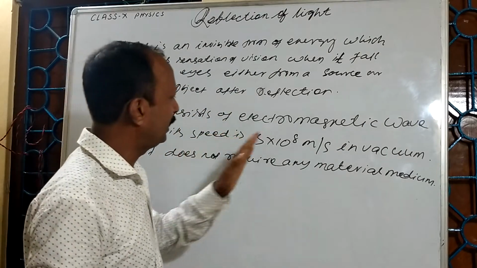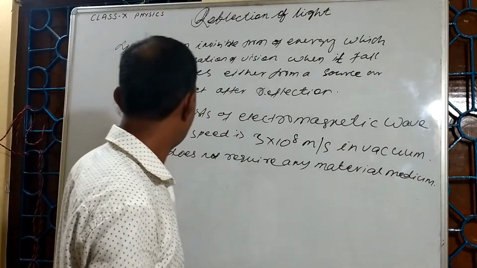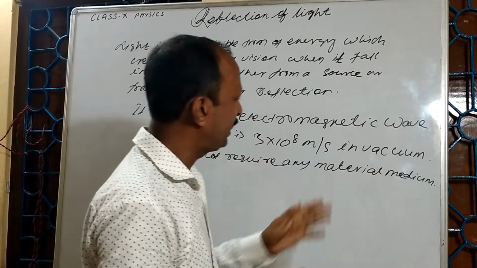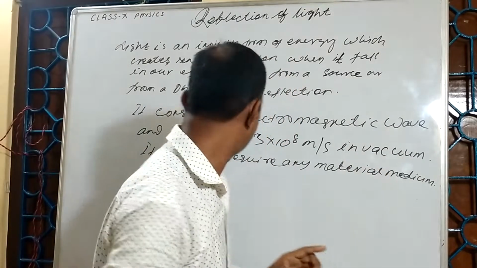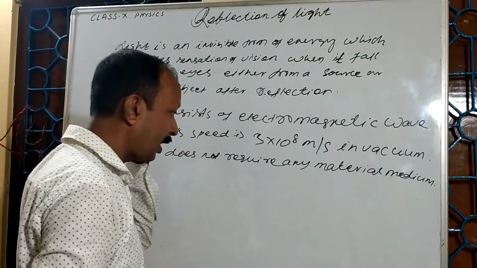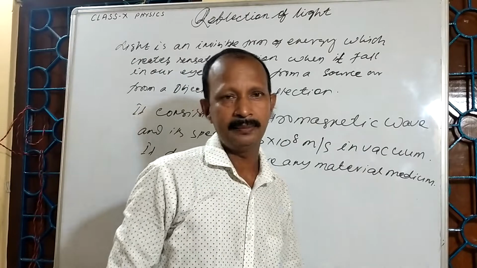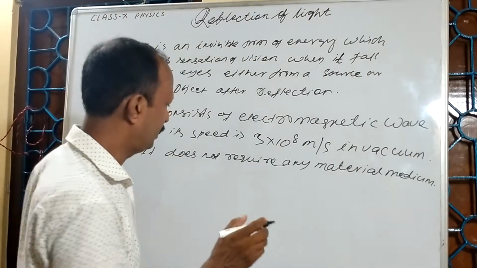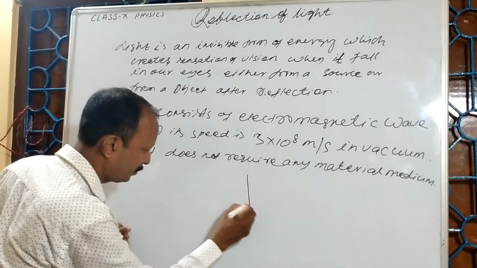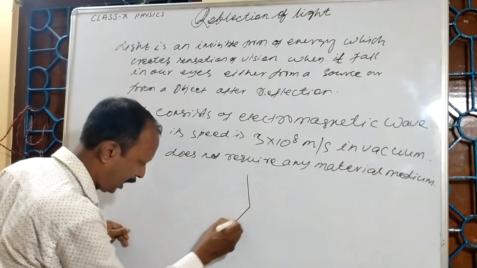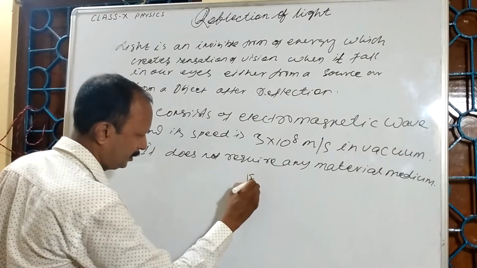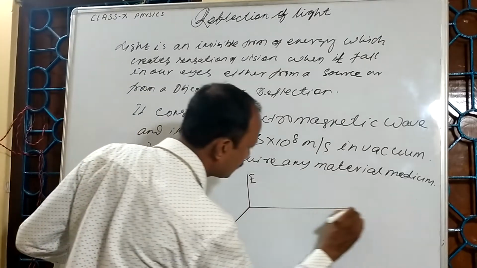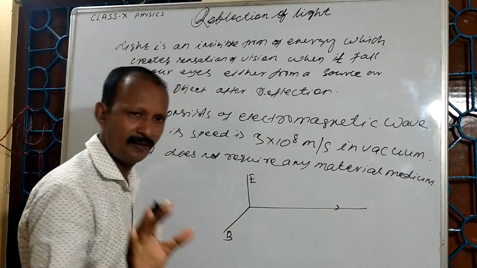It consists of electromagnetic waves and its speed is 3 into 10 to the power 8 meters per second in vacuum. It does not require any material medium. So I said that it is an electromagnetic wave. That means it consists of an oscillating electric field and magnetic field. This is the electric field, this is the magnetic field, and this is the direction of propagation of light.